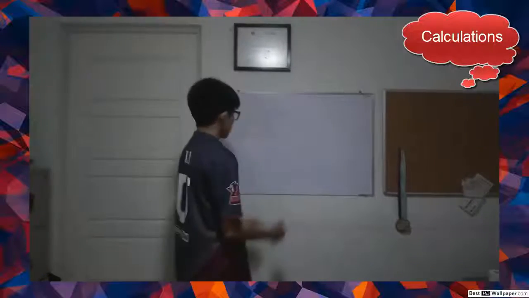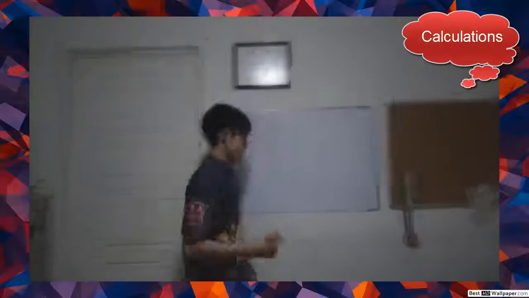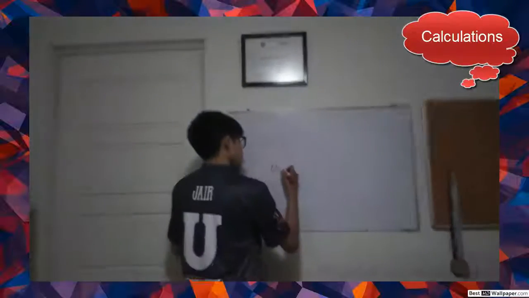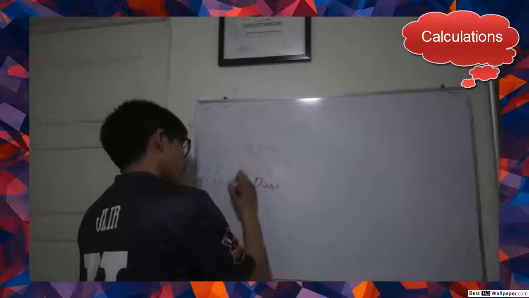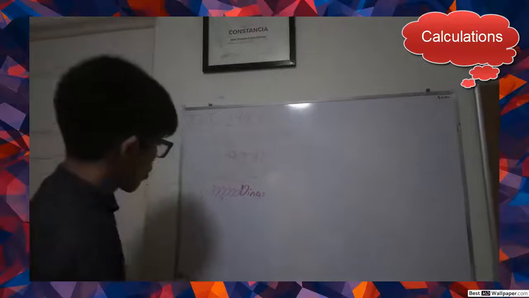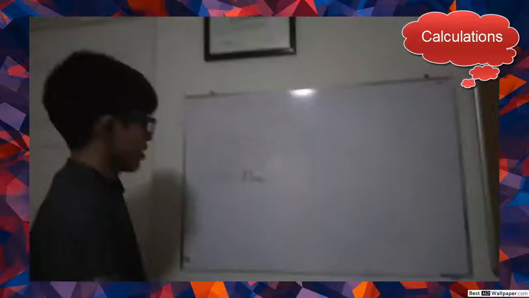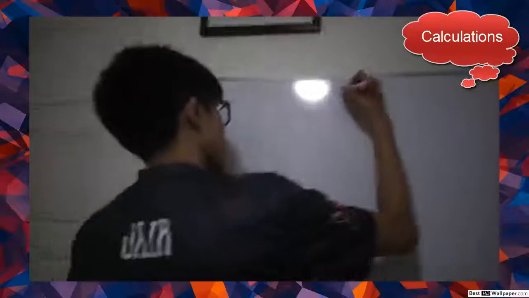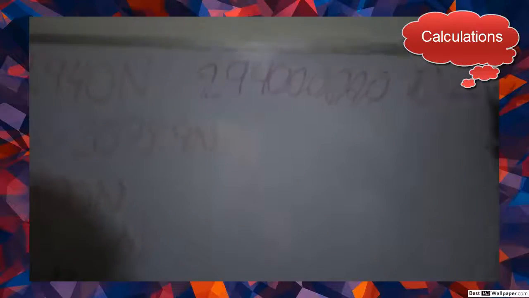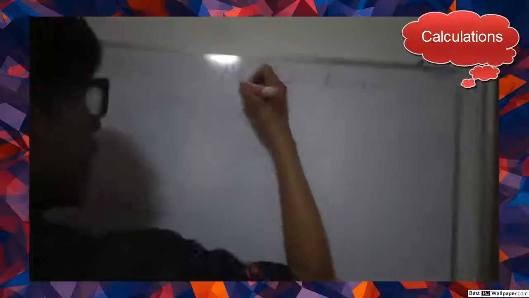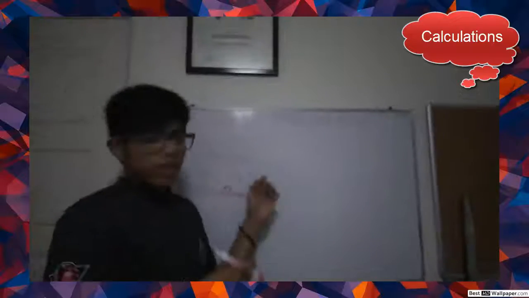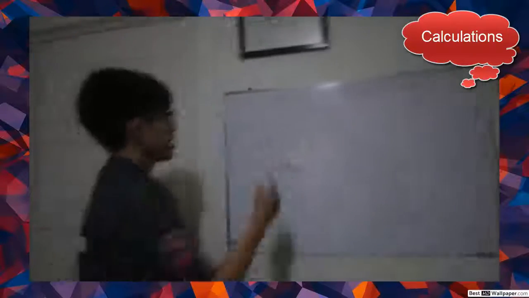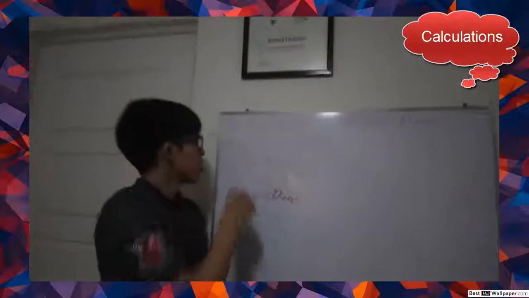Well, my part is to transform newtons to dynes. 1 newton is equal to 100,000 dynes. So 294 million dynes is equal to T1 and T2.